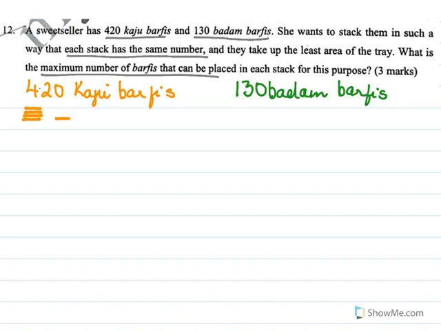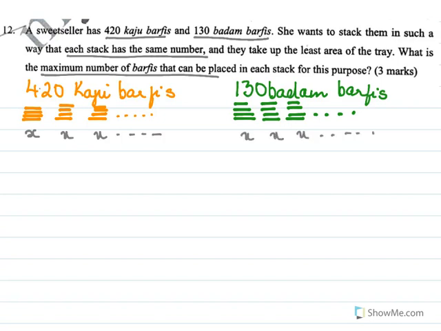We don't know how many are there in one stack, but the full 420 have to be stacked, and the 130 also have to be stacked in equal number of stacks. So let the number of burfis in each stack be x. So 420 have been stacked in this, here also in the same number of stacks.